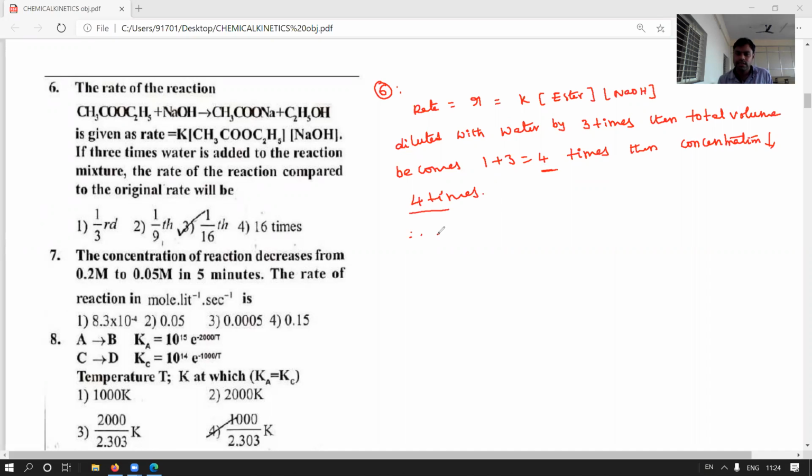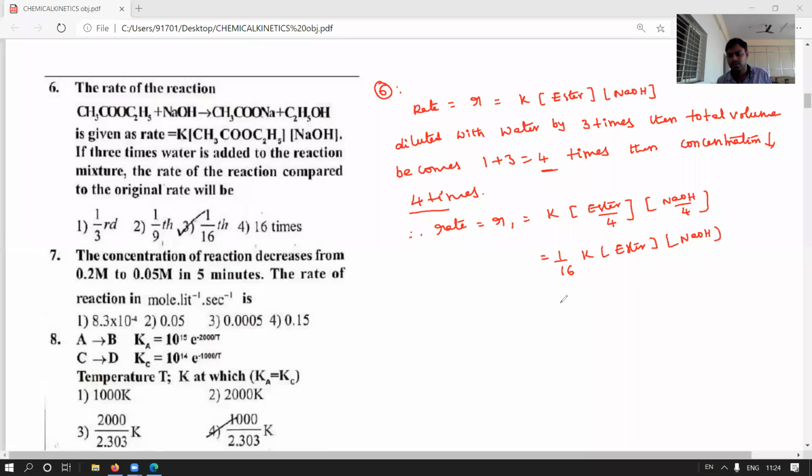In that case the rate R1 equals K into concentration of ester, which is 1 by 4 times, and the concentration of base NaOH also becomes 1 by 4 times. Now 1 by 4 into 1 by 4 is 1 by 16, into K into concentration of ester into concentration of base.